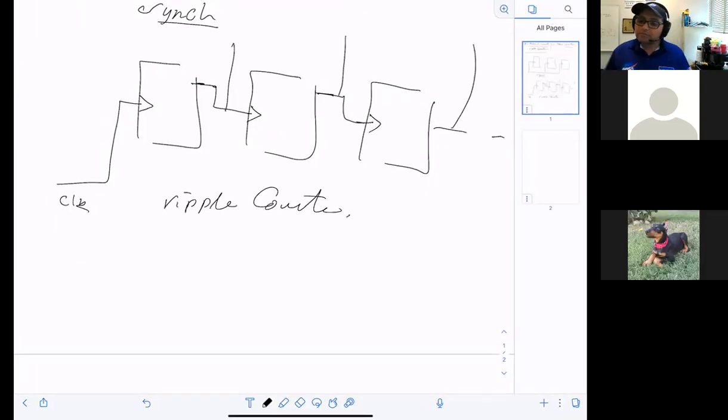How about if the Q does not change? So the input of the Q of the first one does not change. You mean this one, keep it at 1 and stuff like that? Yeah, if you keep it at 1. Oh yeah, that's something really famous. Do you remember the JK flip-flop?